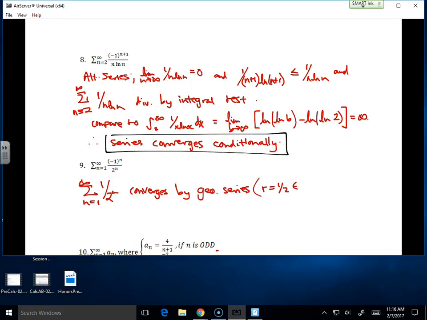Oh, I'm so dumb. Absolute value of r is less than 1. Therefore, series converges. Yeah. So see how it's always nice to look really quickly and see if you can do the absolute value? Just because that can shortcut the entire process.